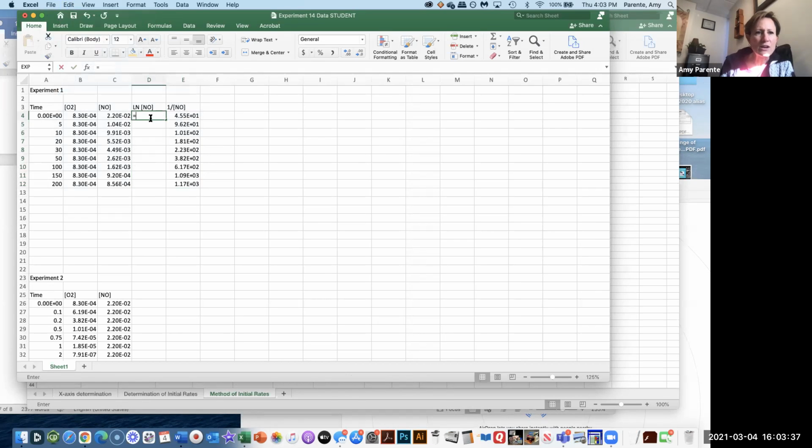I'm going to say equal, capital L, capital N, means take the natural log of. I'm going to do a parentheses, and I'm going to select the cell right next door because that's the NO concentration, and then I'm going to close my parentheses and hit return. And then I can drag this down to copy that formula.